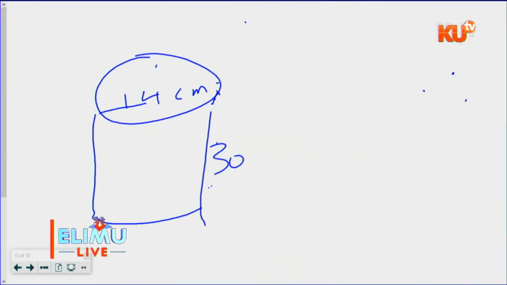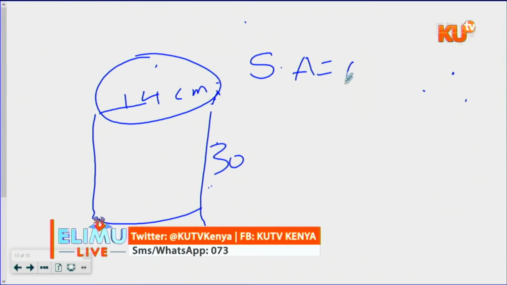The first thing, as I will insist, always put your formula down. Surface area of the curved part is pi d h. I explained earlier that it is circumference times height.